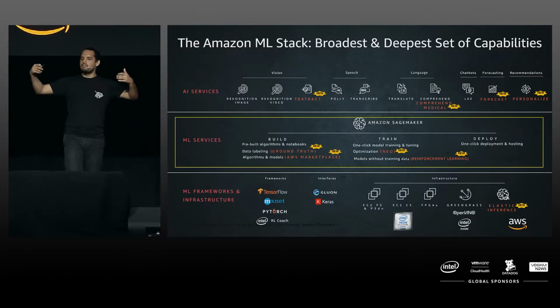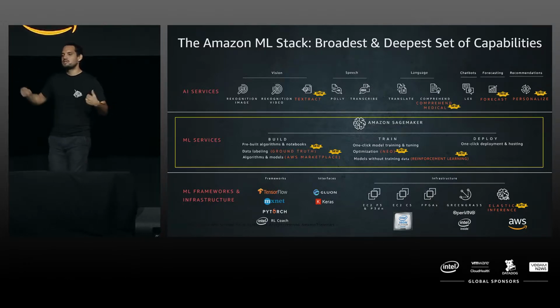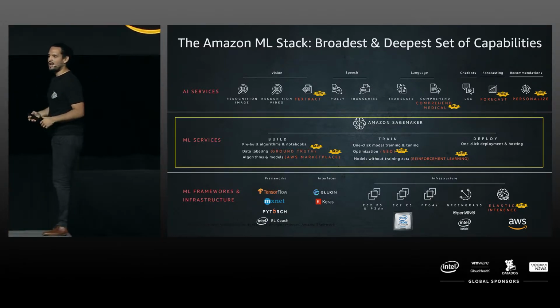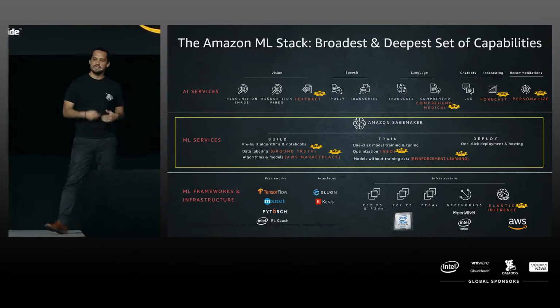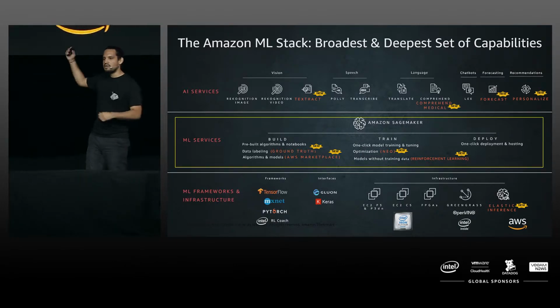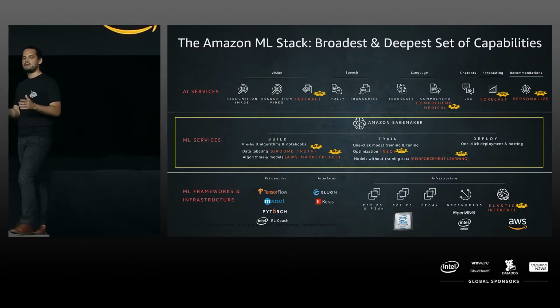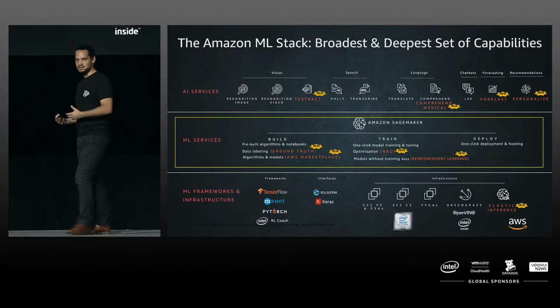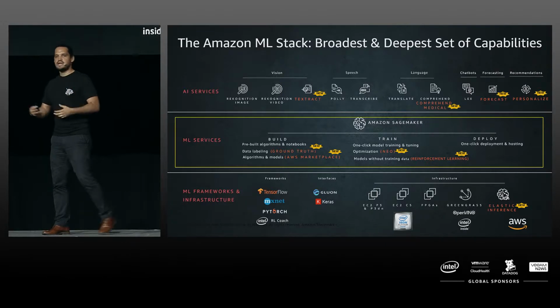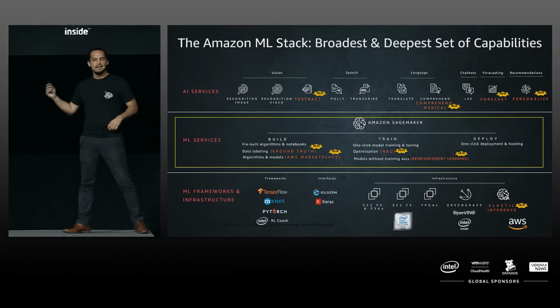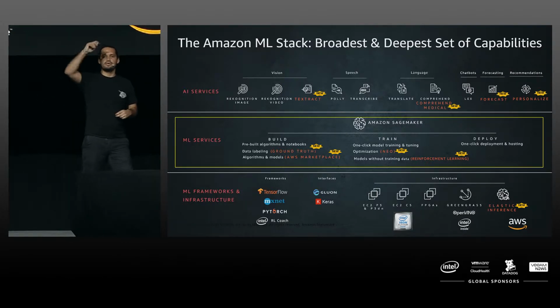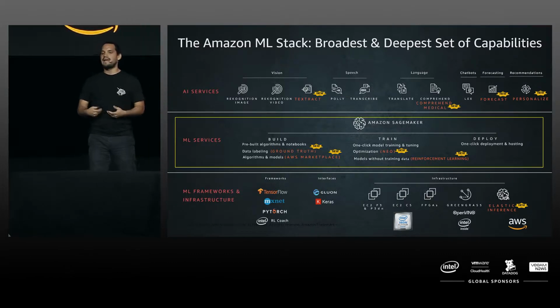Now, when we want to build our end-to-end data science workflows, and we don't want to have to deal with all of the infrastructure management that requires, we come to the second layer. And the second layer is basically our ML services, and the center of this, the heart of this, is going to be Amazon SageMaker. Okay, and we'll discuss Amazon SageMaker in a little bit. And then our higher level service, so this is our third layer, is what we call our AI services.